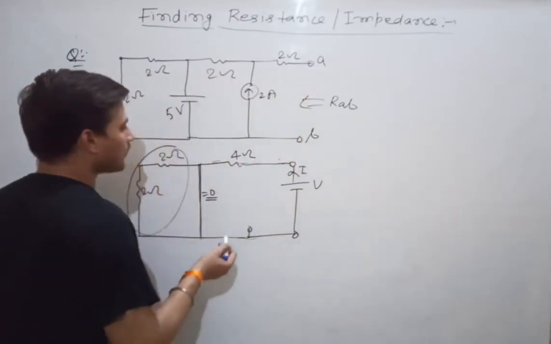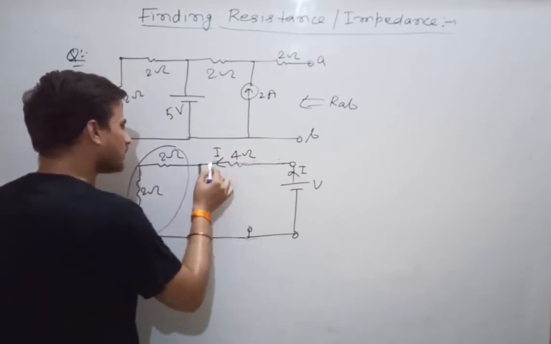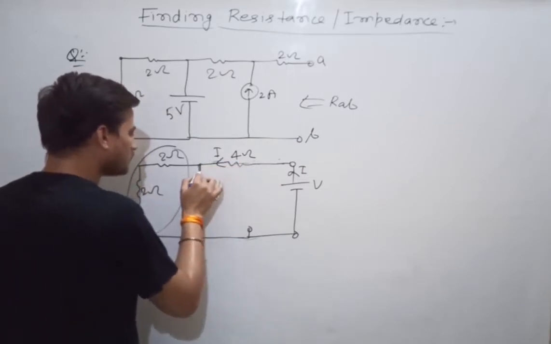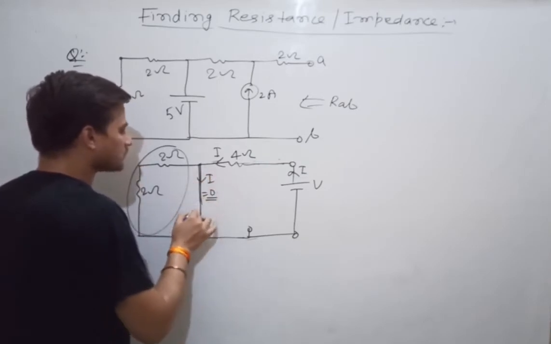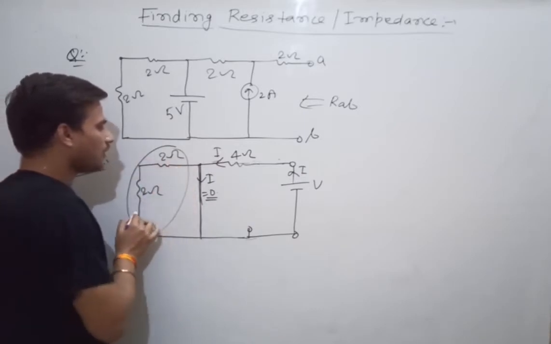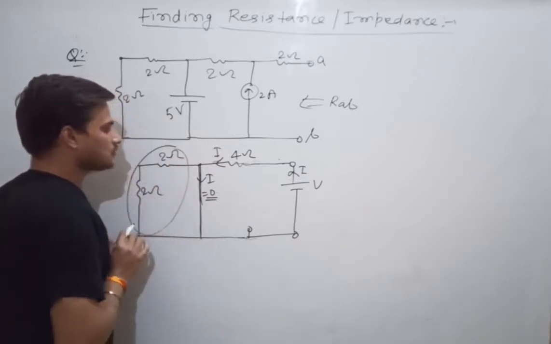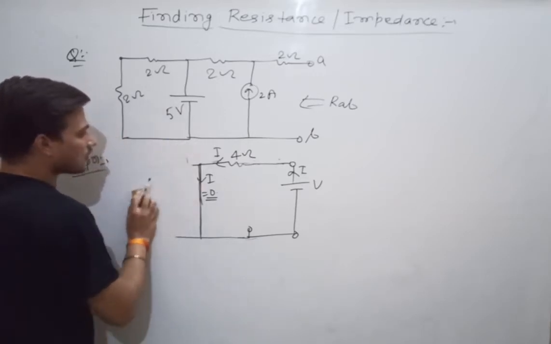When the current I starts flowing, it will come here and then directly go through the short circuit path. The current is not flowing through this one, so this will not come into the picture.